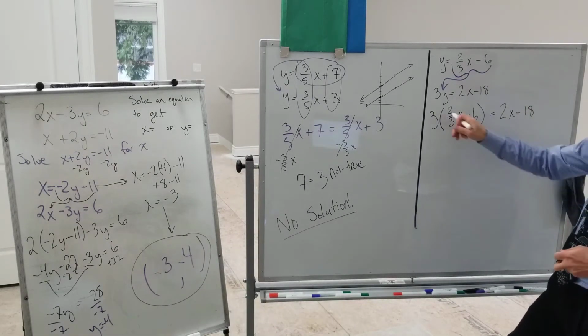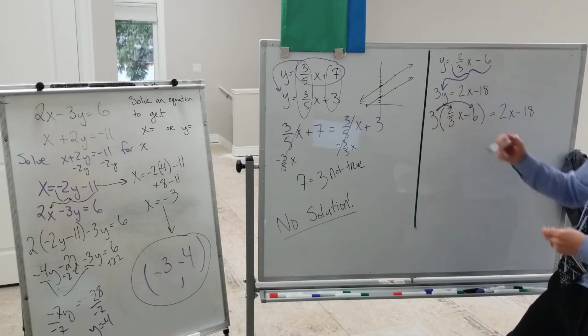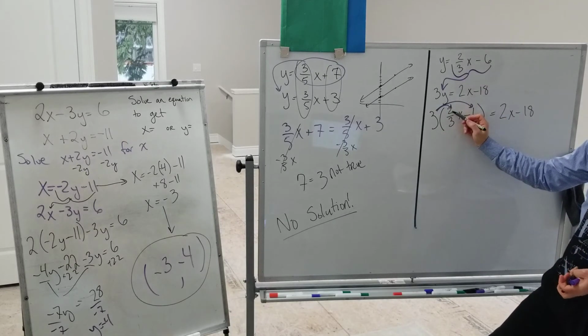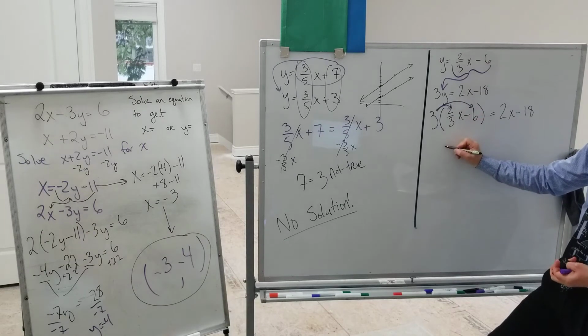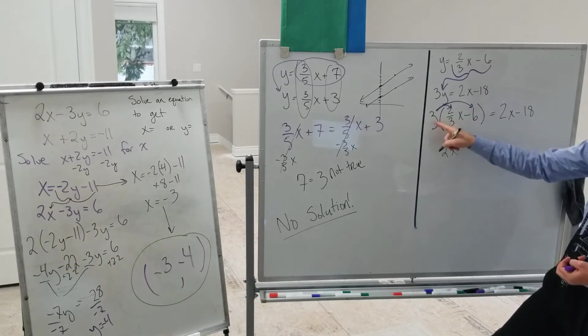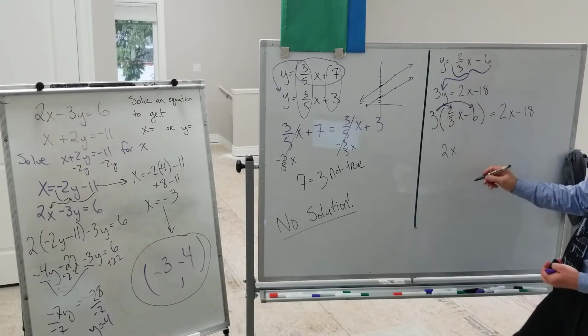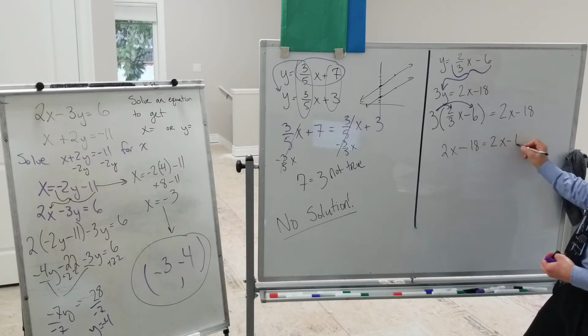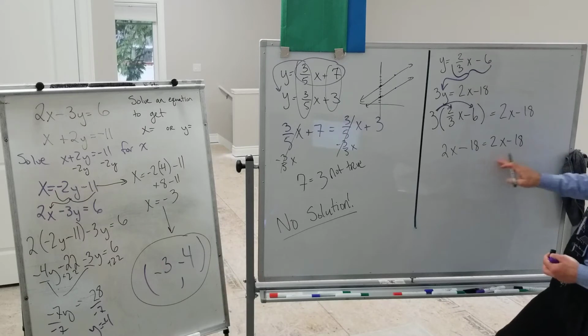And then I can distribute the 3, right? That gives me 3 times 2 is 6. 6 divided by 3 is 2. So 2x, or just 3 divided by 3 cancels, we just have 2. So 2x minus 18 equals 2x minus 18. You'll notice these are exactly the same.